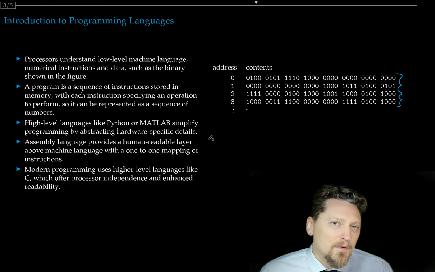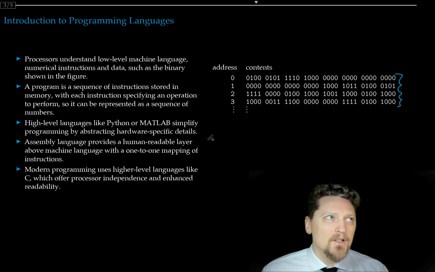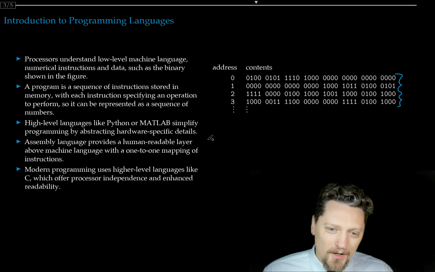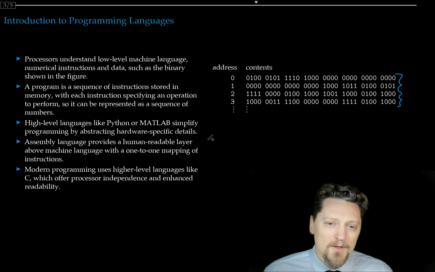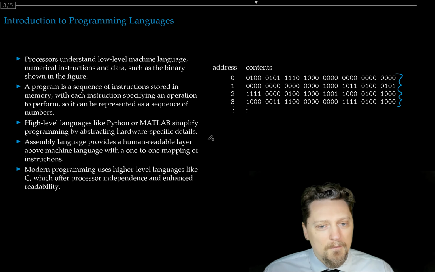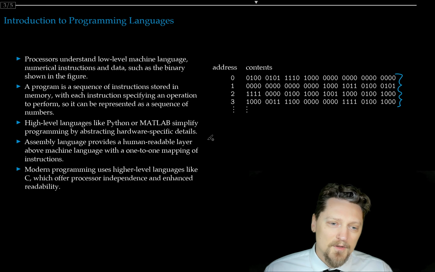It's human readable. We'll see some examples of it, but it's challenging to write complicated code in, so that's why we prefer to use a programming language. And the hardware-specific abstraction is also useful. Another reason to use a programming language instead of assembly language, which is specific to each processor.